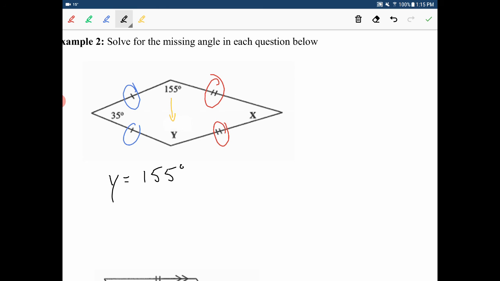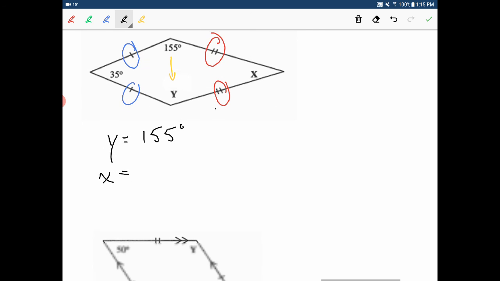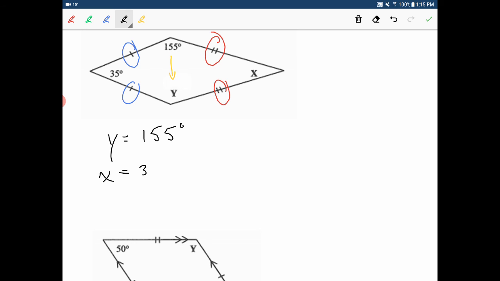What is not necessarily obvious is that a lot of the time people will look at x and say x has to equal 35, and that's not necessarily true. The 35 is not necessarily equal to x. What we would do is say the whole thing has to equal 360. We can subtract the 155, subtract another 155, and then subtract our 35.